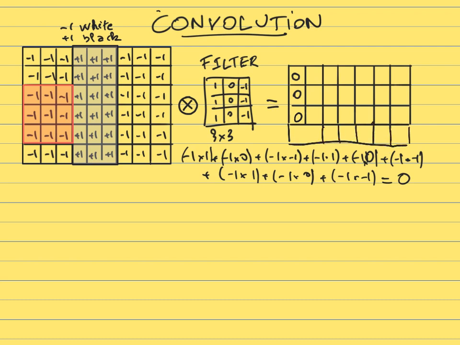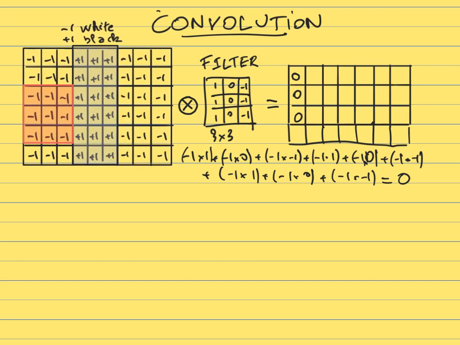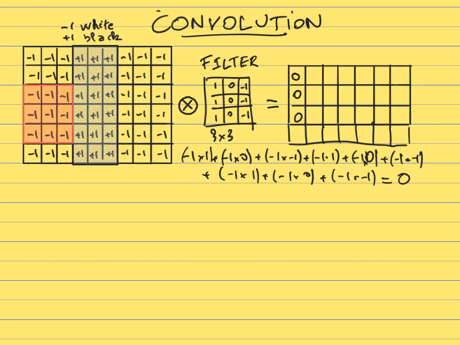So if you continue moving down the filter, so if you move the filter one more time like this, then again you will get minus 1 that you will convolve with the filter, and you will get 0 like this. And then you will start moving the filter not only up and down, but also left and right.